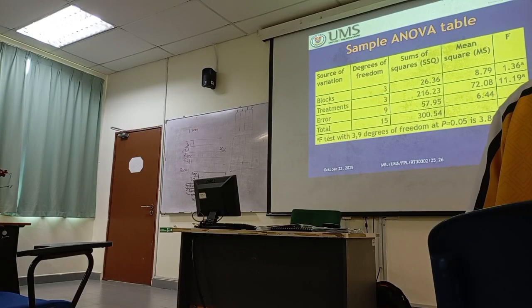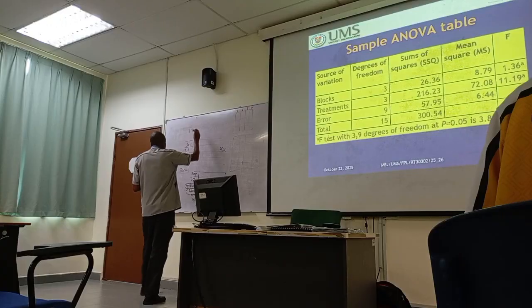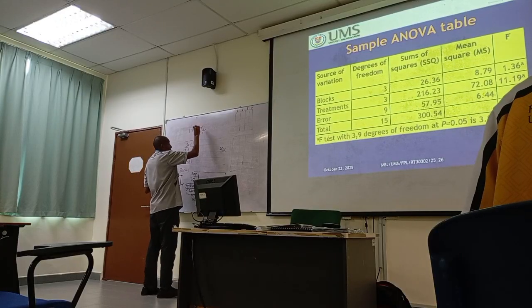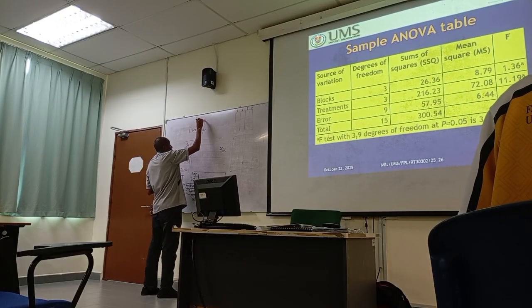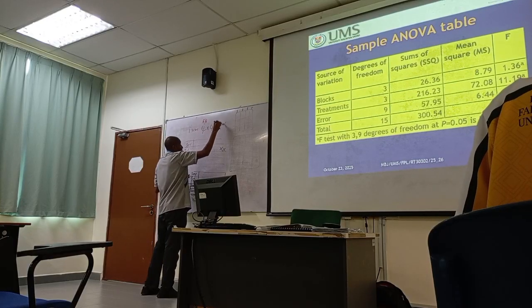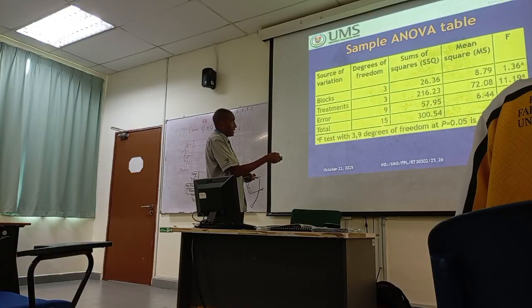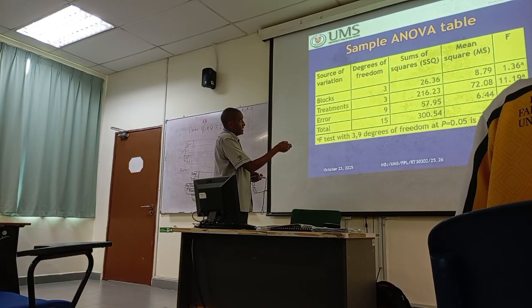Okay, he says 16, correct? Yeah, that's correct. 4 replicates or 4 blocks times 4 treatments equals 16. That's why we have here 16 minus 1 is 15, and 4 minus 1 is 3.